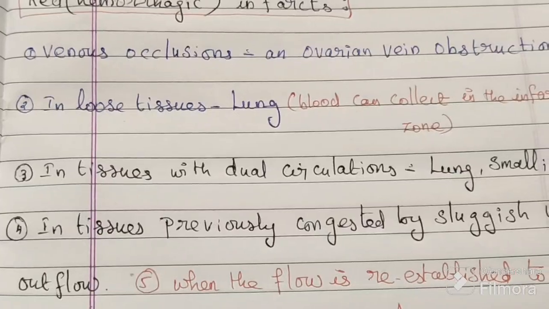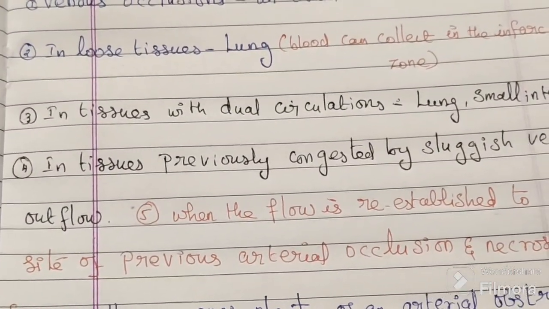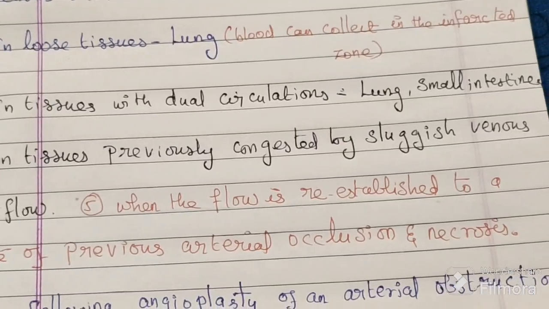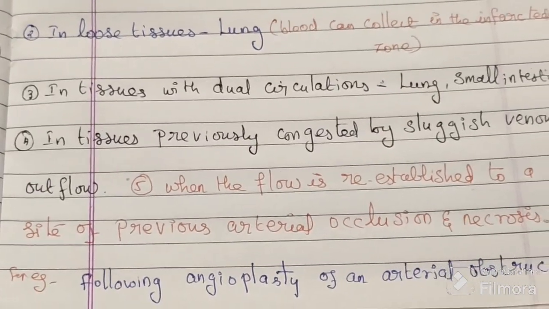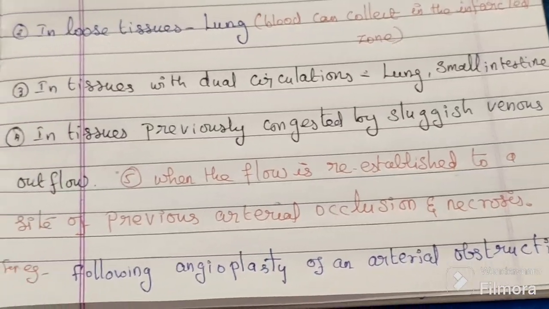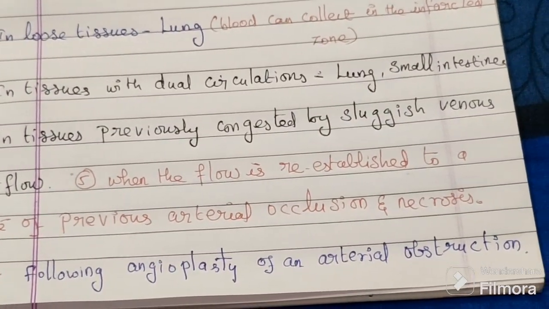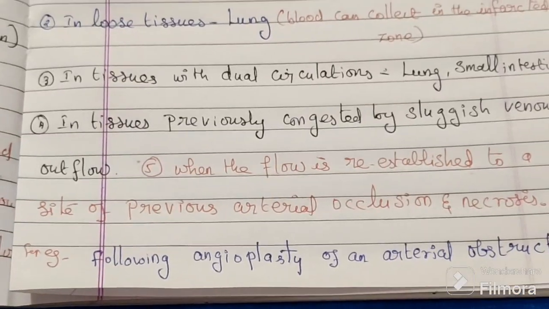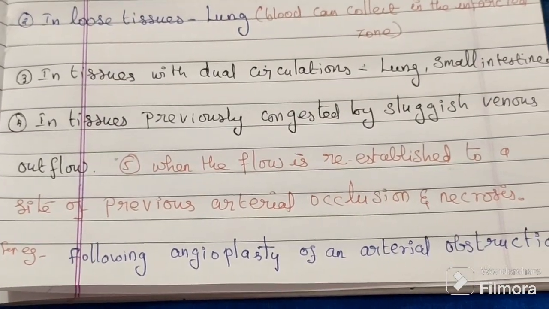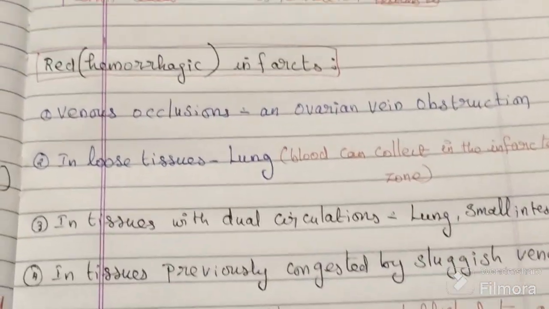Then, in tissue with dual circulation, and in tissue previously congested by sluggish venous outflow. Then, when the flow is re-established to the site of previous arterial occlusion and necrosis, for example following angioplasty of an arterial obstruction.